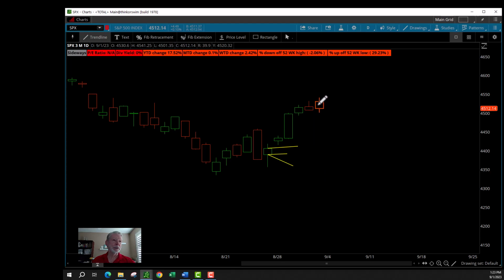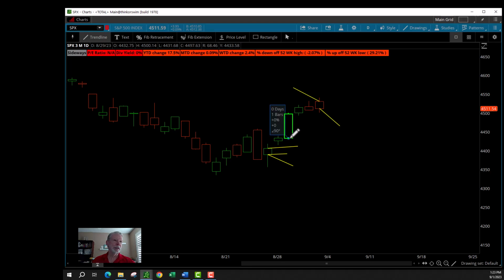This candle here today opened at this point, which is the top, and currently it's right here at this point. So it's below the open, so it goes red. If it's above the open, it'll go green.